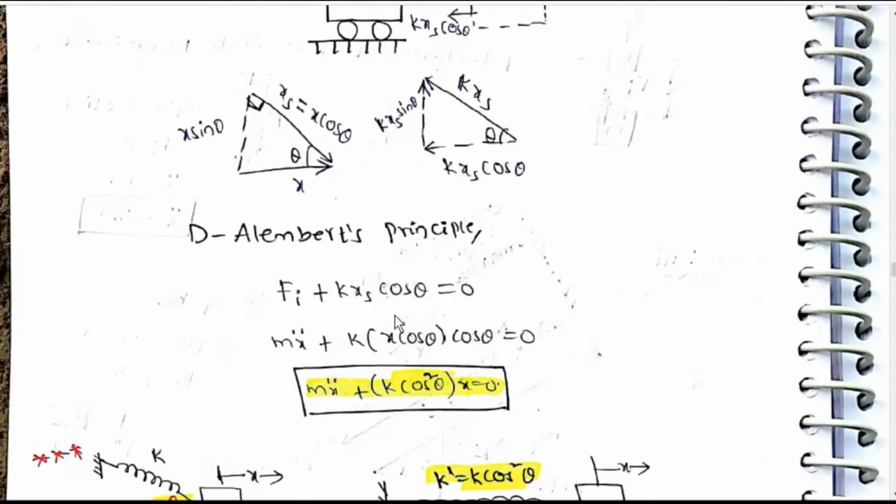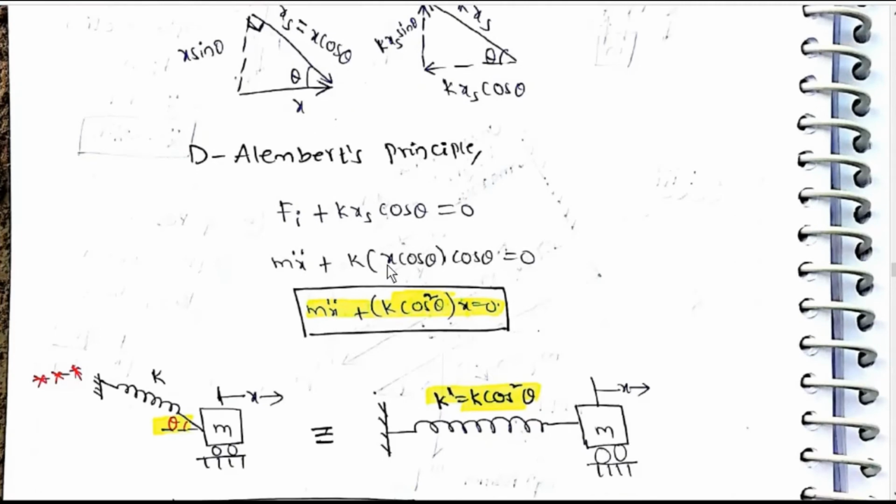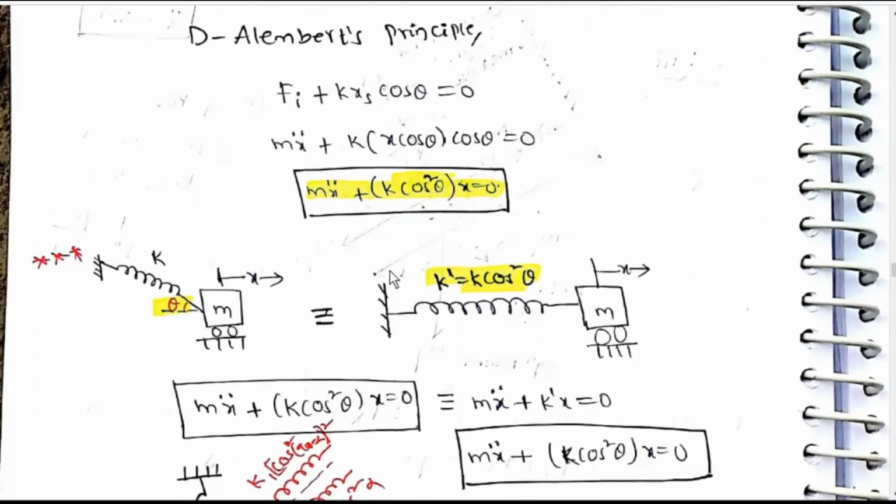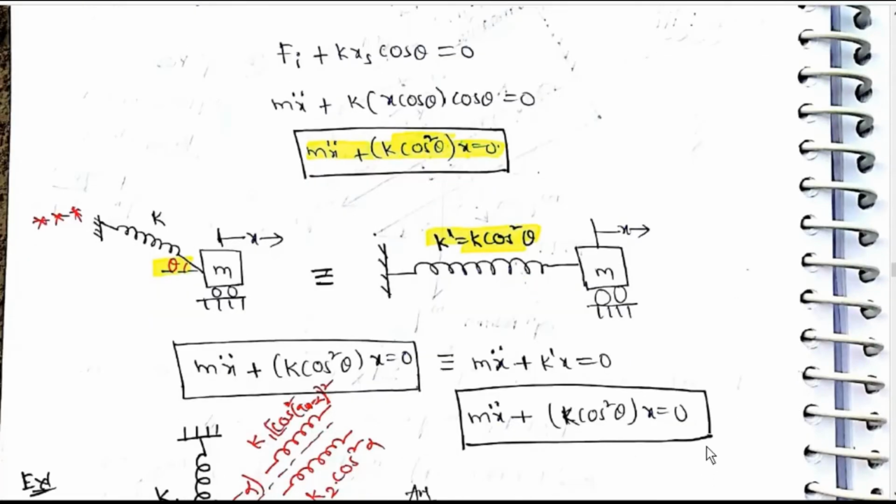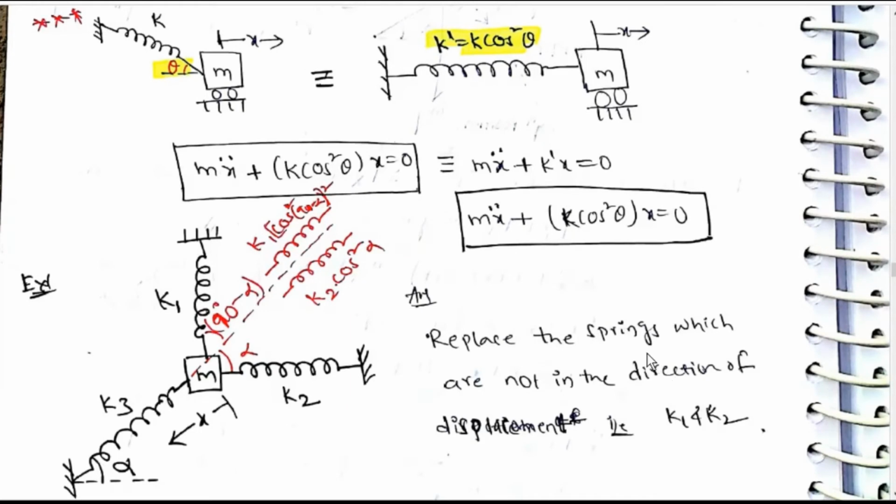So m x double dot plus k of x cos theta into cos theta is equal to 0, that is m x double dot plus k cos square theta into x is equal to 0. This is equivalent to m x double dot plus k dash into x is equal to 0.